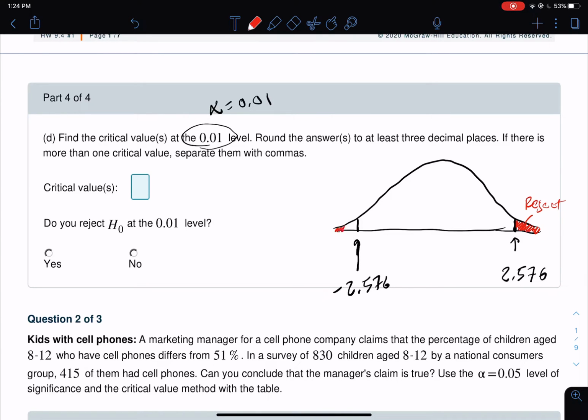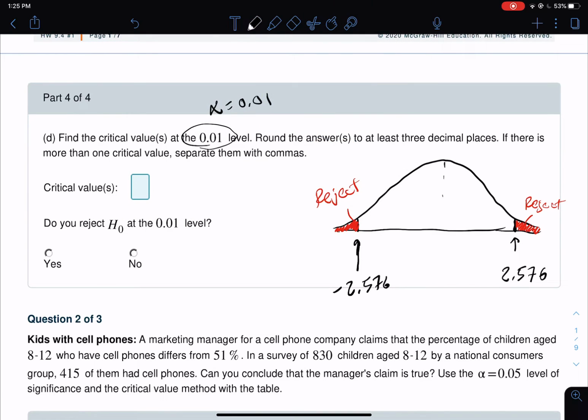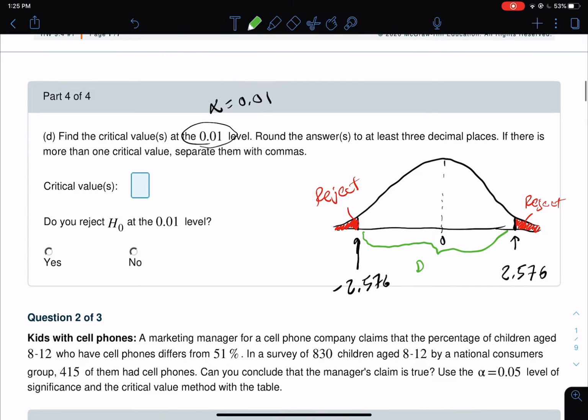If we end up in this region, we reject. Remember the standard normal curve, that's 0. If we end up in this region when we plot our test statistic, we do not reject.